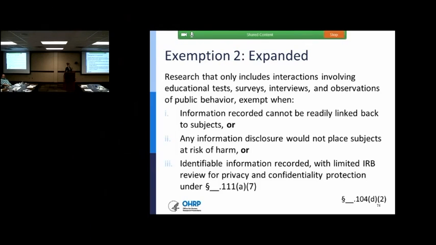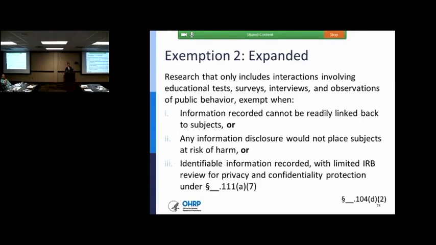But the music itself is an intervention with the students. And this exemption only applies to educational tests, surveys, interviews, and observations of public behavior. It does not apply to an intervention like the one we have in this study. So even though there is an educational test, Exemption 2 would not work for this study.